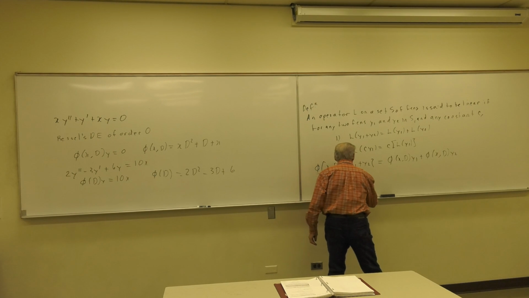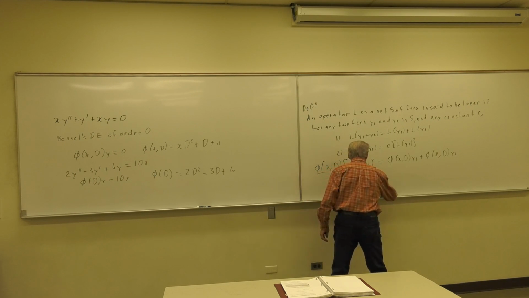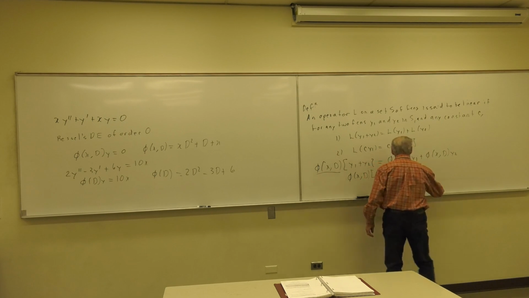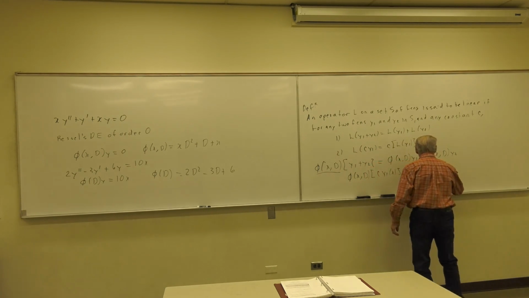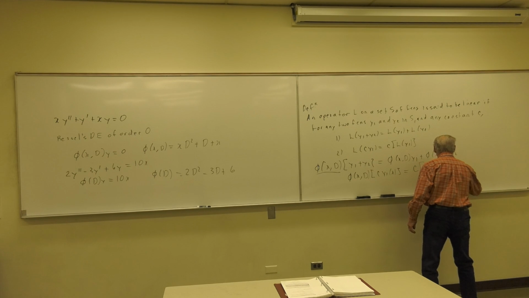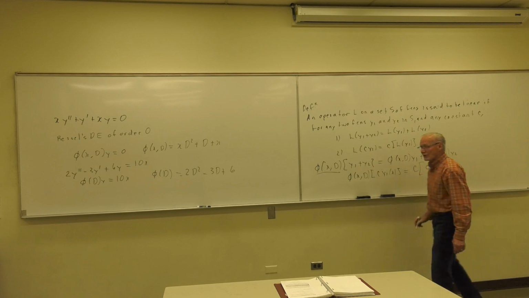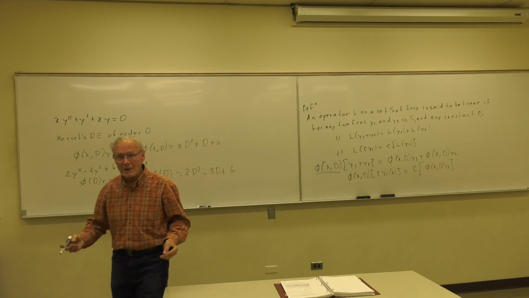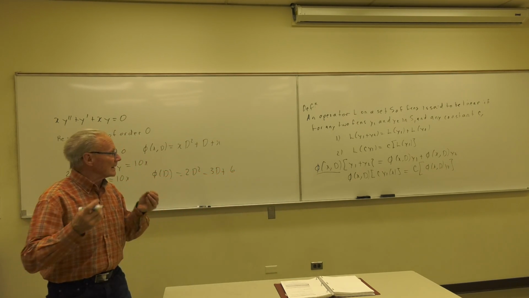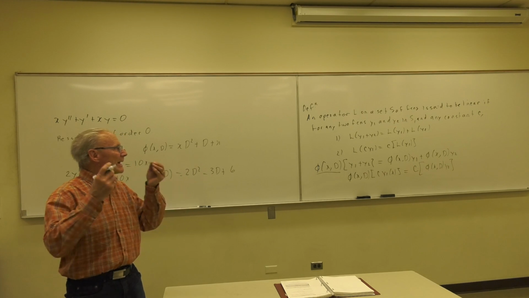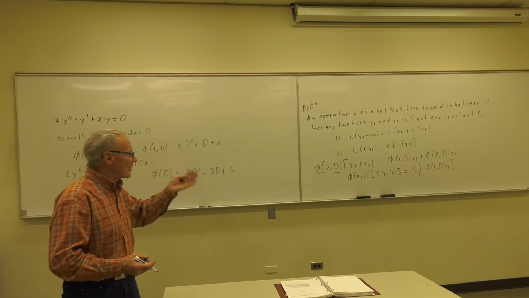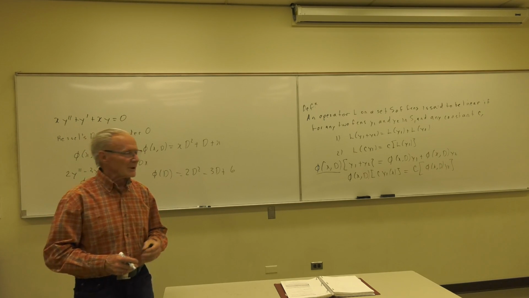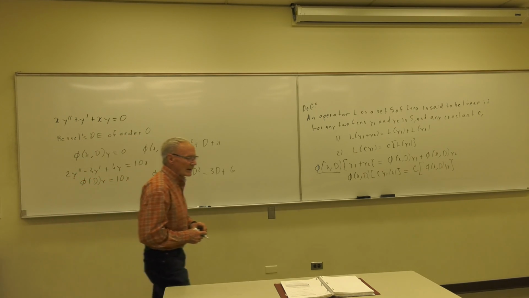And similarly, phi of x and D operating on c times a function is going to be c times phi operating on the function. That will be true also. So this differential operator that we're seeing in linear differential equations is a linear operator, and that's why we call this thing a linear differential equation. Because the operator is linear.